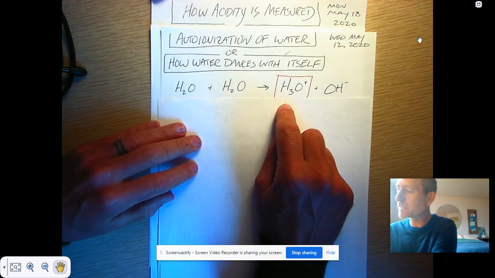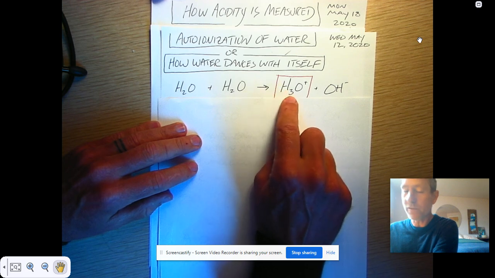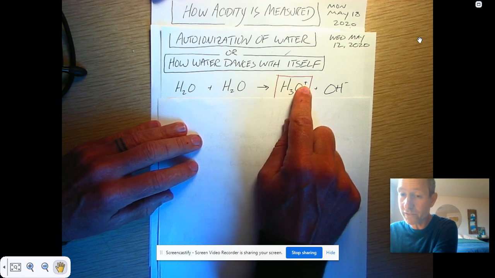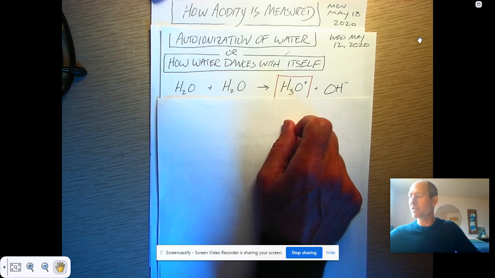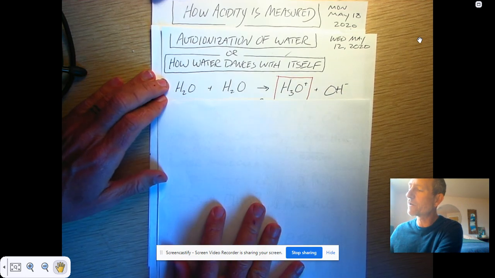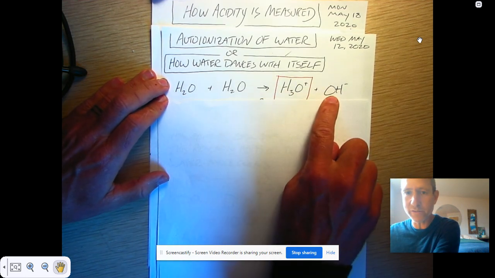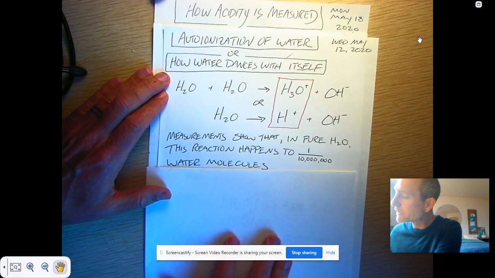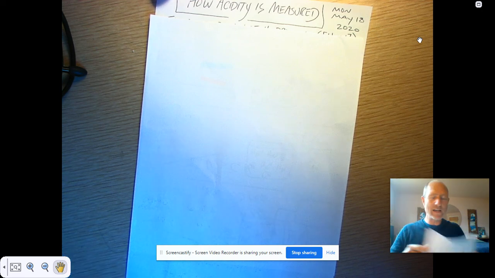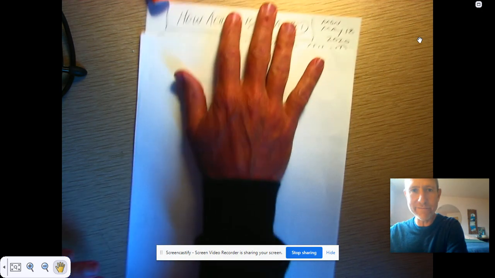A proton's the same as a hydrogen ion, so the 3 indicates one more hydrogen, and the plus indicates that it's not the whole hydrogen atom that it got, it's just the proton from it. And then the other one's left with missing a proton, so it's a hydroxide ion.